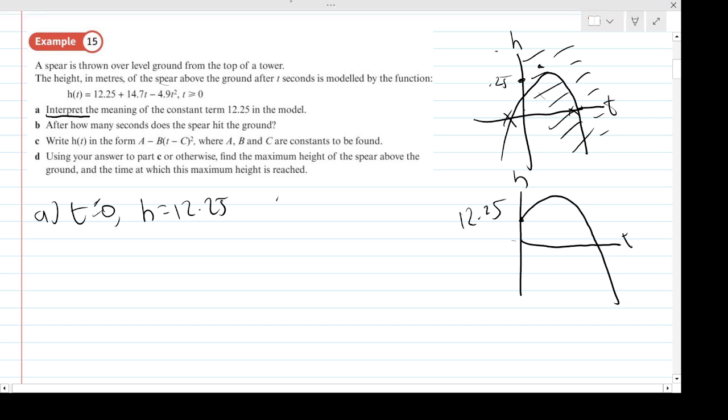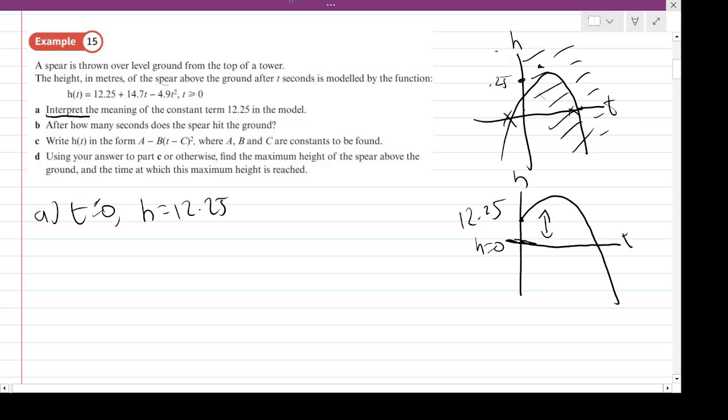It wouldn't have started its journey in the air. So initially the height is 12.25. Well, that's just going to be the height of the tower above the ground. Imagine the ground is h is 0, down here, kind of like the t-axis. So if we've got a height of 12.25, that has to be the tower because it's starting from the tower.